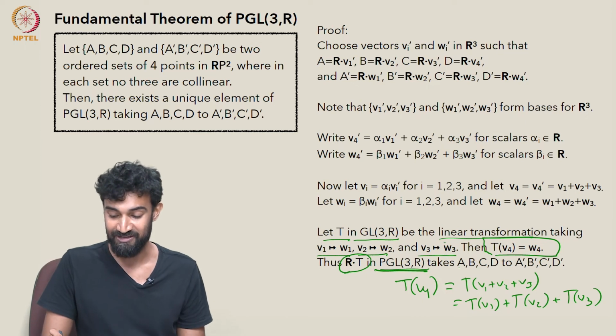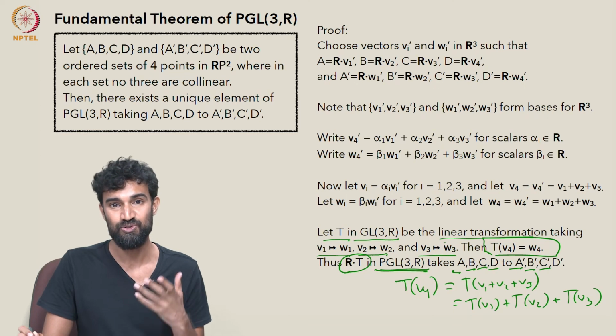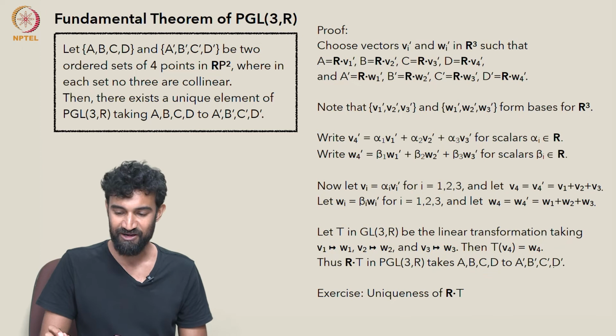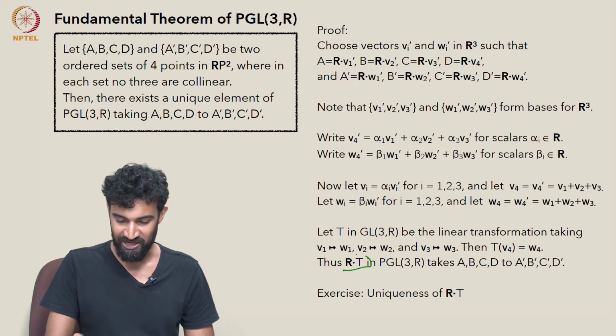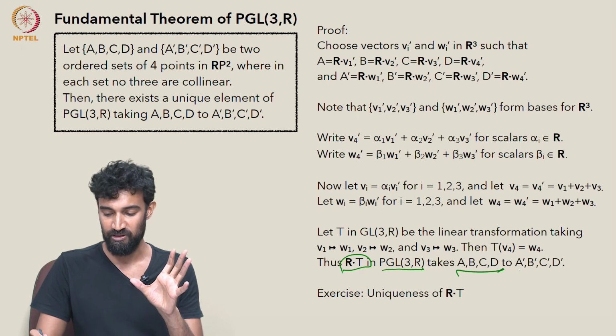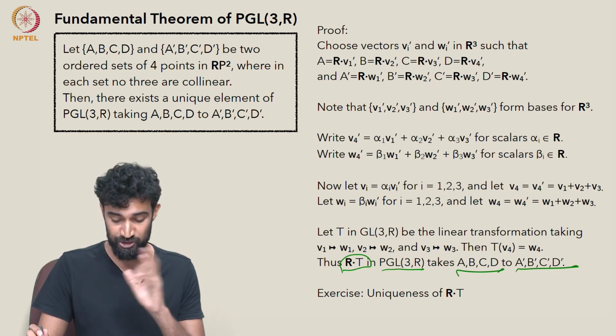And that's going to take the line A to the line A prime, the line B to the line B prime, the line C to the line C prime, and the line D to the line D prime. So that takes care of the existence. This is our element in PGL3R which takes these 4 points to these 4 points in RP2.